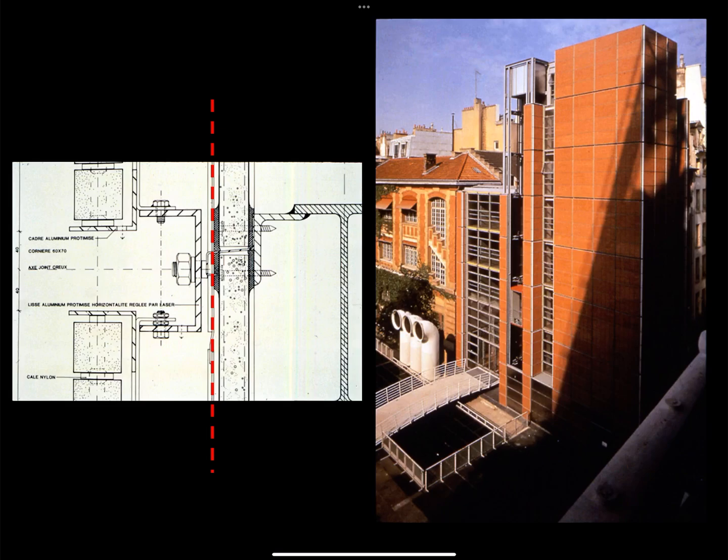So this is a building in Paris called IRCAM. It's a music research center designed by Renzo Piano, and its exterior cladding is masonry rain screen. So in the drawing on the left, if we start from the outside at the far left of the image, you can see these are basically bricks or terracotta blocks, which are held in metal frames, and the joints are open jointed.